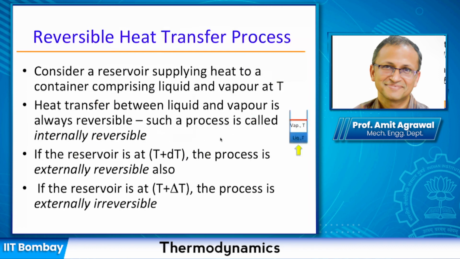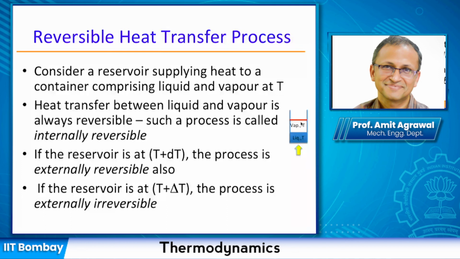Now, as we had said, we will take one example of heat transfer where we can have reversible or irreversible. This is an interesting example of phase change that we have looked at, liquid and vapor both existing. You're heating up the liquid, and of course, that gets converted into vapor.